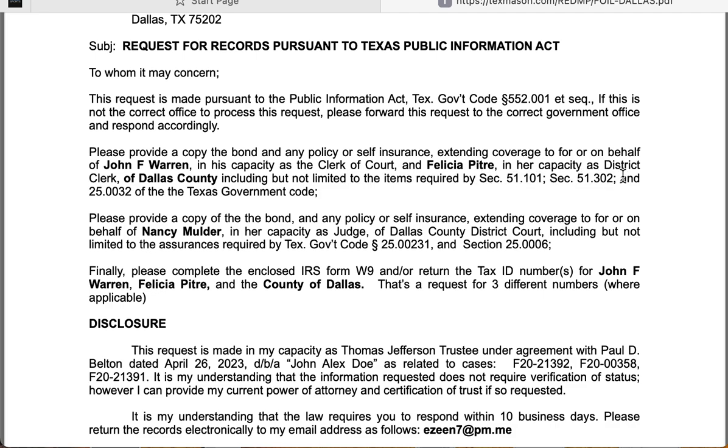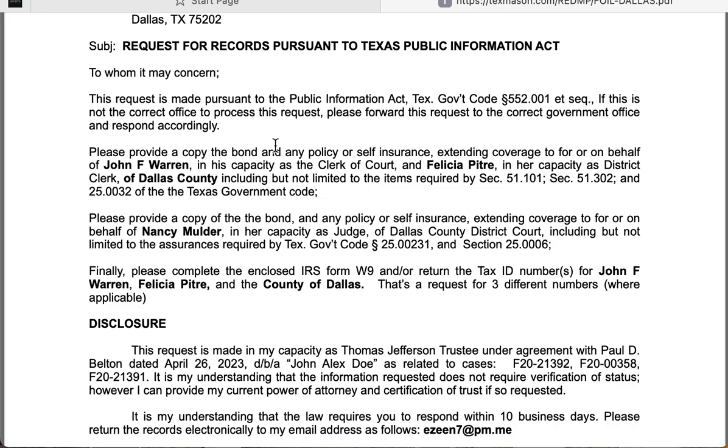When I went as far as to say including but not limited to the items required by Section 51.101 and 51.302, I actually went into the code and dug out the specific sections that say this person is required to have a bond in this amount and it's supposed to be here. I went real specific on them, right? But what I stated here is clear enough. But ask for these things: any insurance policy extending coverage, and any surety bond.